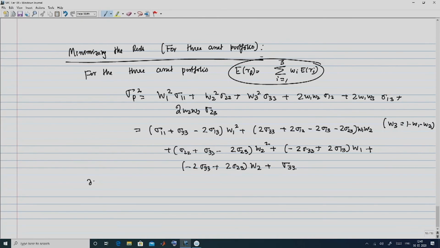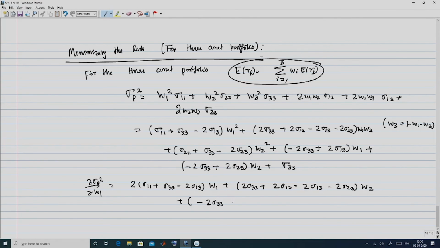So, accordingly I get delta sigma p square by delta W 1, this is going to be twice sigma 1 1 plus sigma 3 3 minus twice sigma 1 3 into W 1, plus twice sigma 3 3 plus twice sigma 1 2 minus twice sigma 1 3 minus twice sigma 2 3 into W 2, plus minus of twice sigma 3 3 plus twice sigma 1 3, and set it equal to 0.